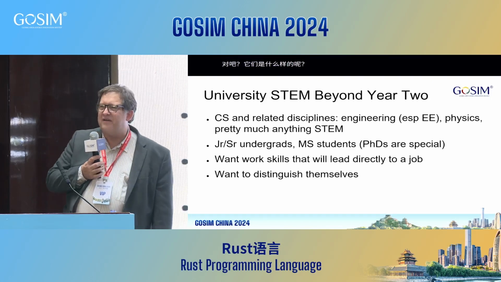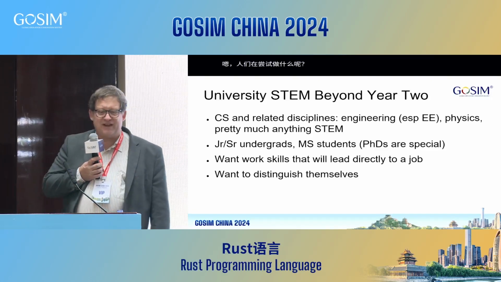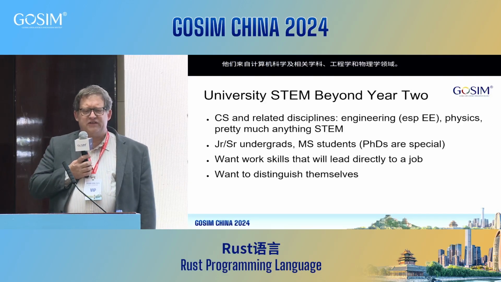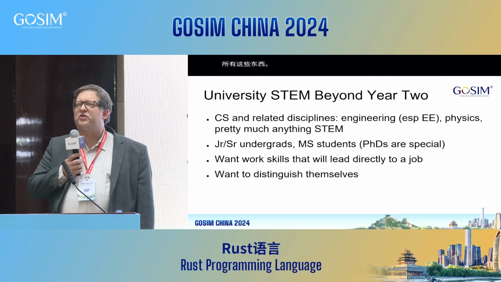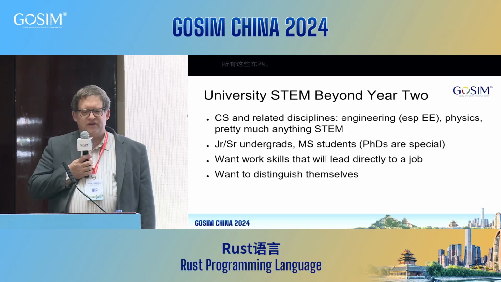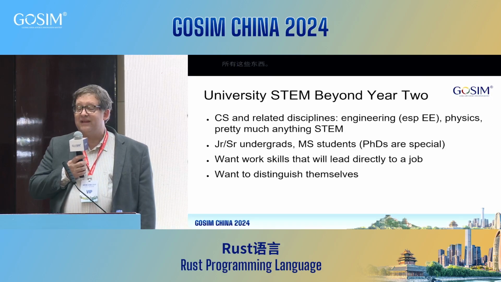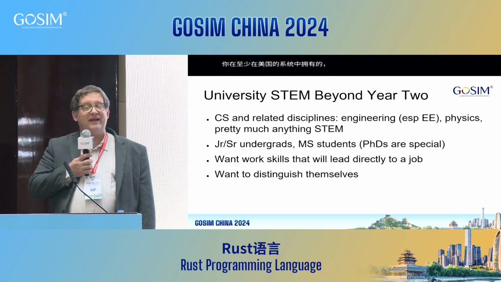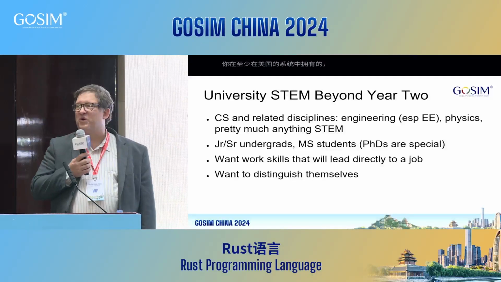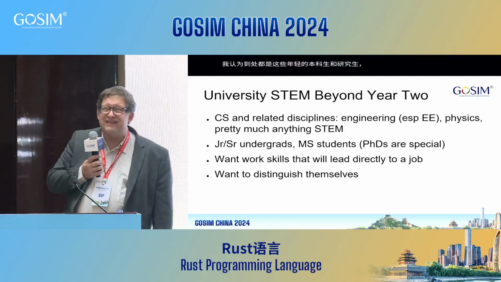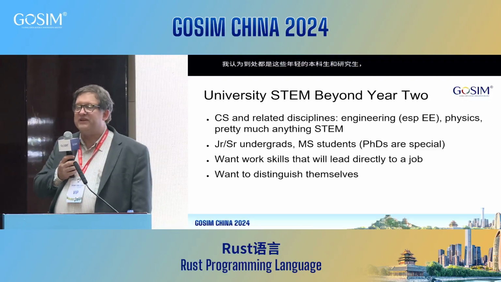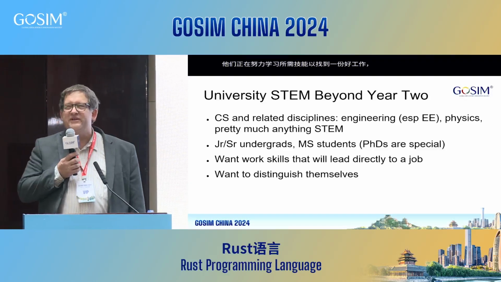What you have, at least in the US system, and I think everywhere, are these junior and senior undergraduates and these master's students who are trying to get the skills they need to get a good job, right? To be someplace where they can actually work. And not just the skills you need to get a job, but to get a good job, you need to be special.